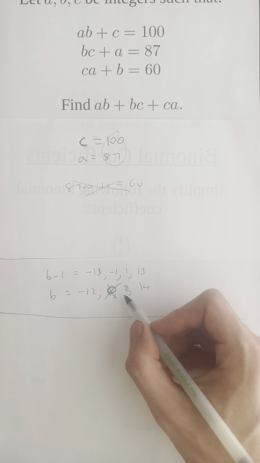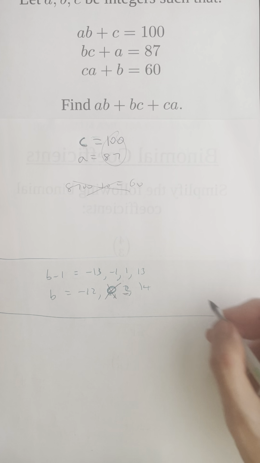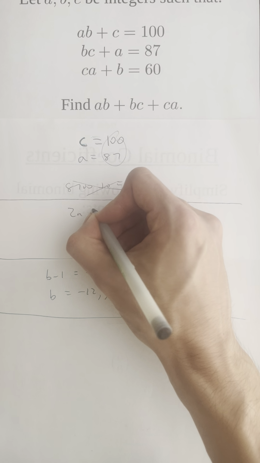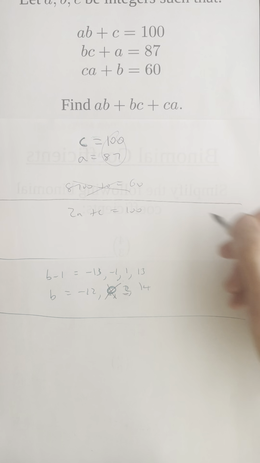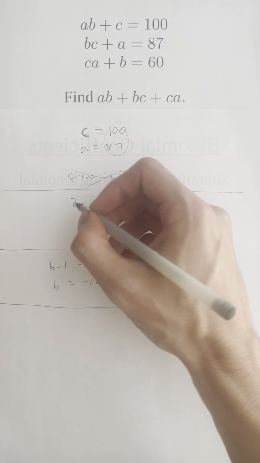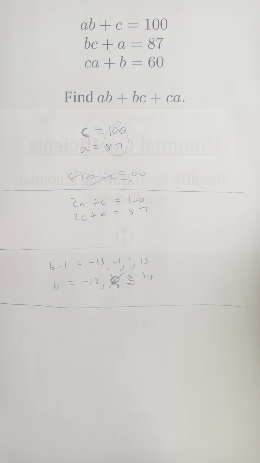Let's try the next simplest possible value for b, which is 2. Going back to the first equation, it turns into 2a plus c is equal to 100. The second equation turns into 2c plus a is equal to 87.